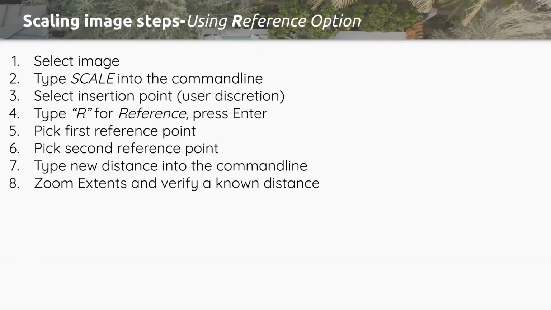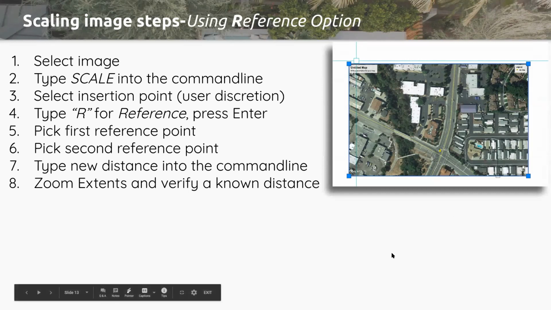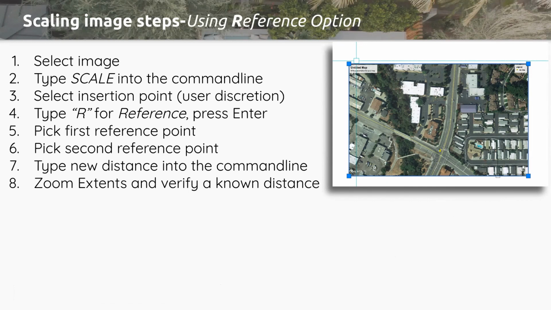I'm going to go through these steps and correlate this to a step-by-step process here. When you have your image inserted into CAD, you can select that image and type SCALE into the command line. These 1 and 2 are interchangeable, so you can type SCALE and then select the image, but I like to select what I'm going to scale and then scale it.